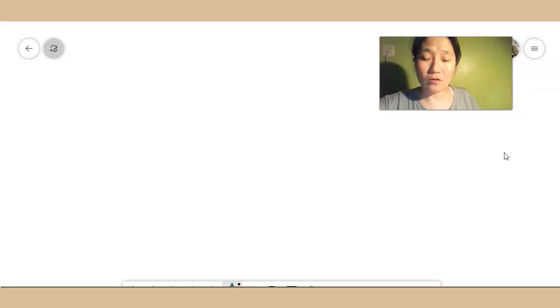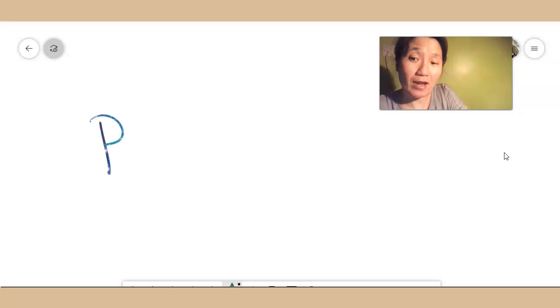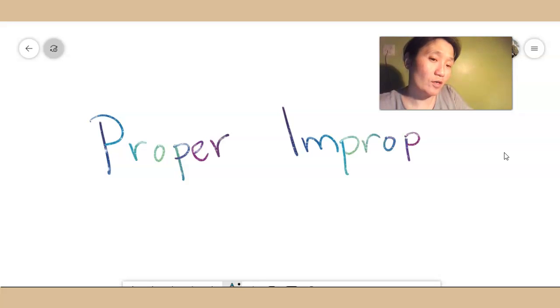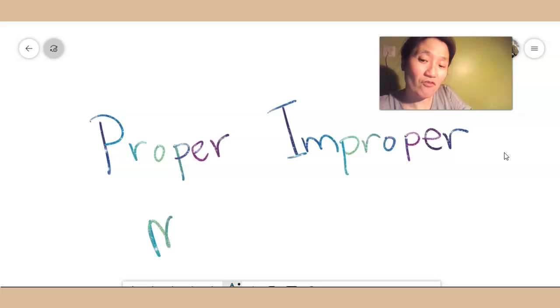So today we are going to be looking at proper fractions, improper, meaning they're not normal, they don't look regular, proper, improper. We're going to look at mixed fractions.